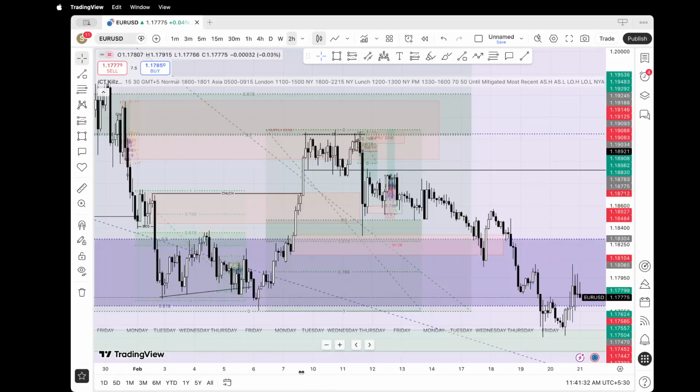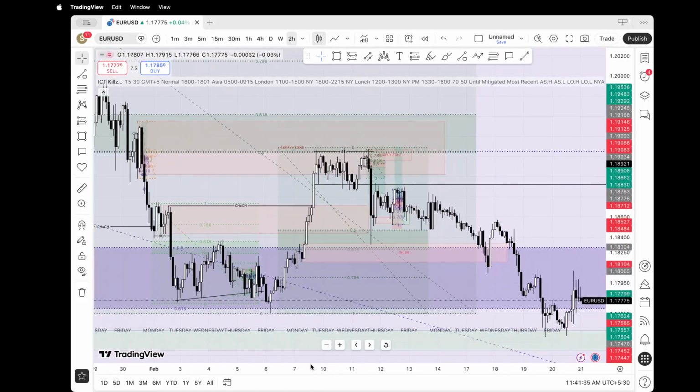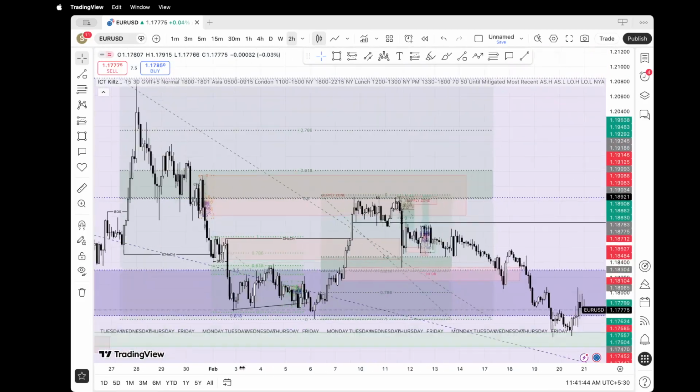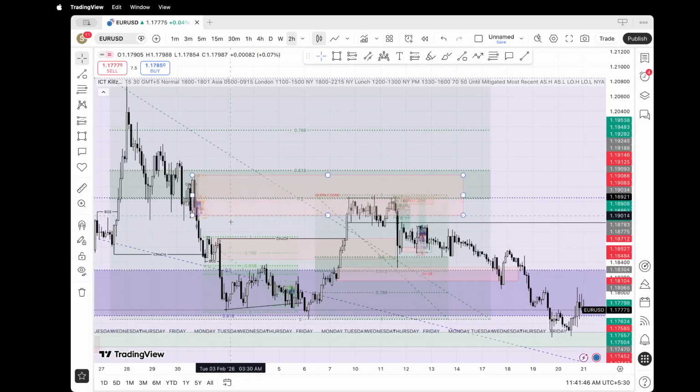We were planning it because we had this change of character at 2 hour, and then it's like 1, 2, 3. We had a 1, 2, 3 break of structure and then a change of character to bullish.